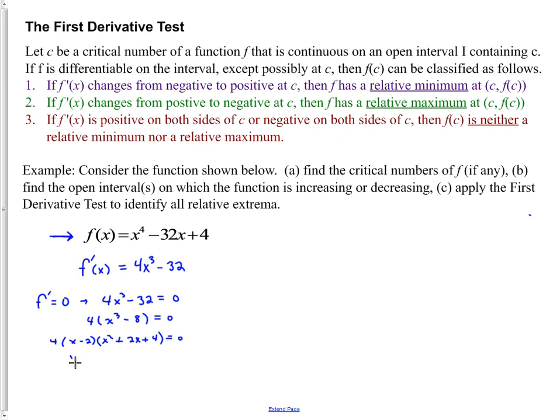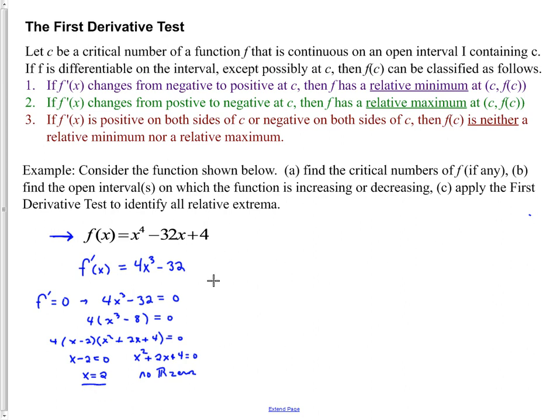We set the factor x minus 2 equal to 0 and find x equals 2, a point where the derivative is equal to 0. If we take the quadratic factor, x squared plus 2x plus 4, and set it equal to 0, you can complete the square or use the quadratic formula, but either way we find there are no real solutions. Therefore x equals 2 is our only critical number.